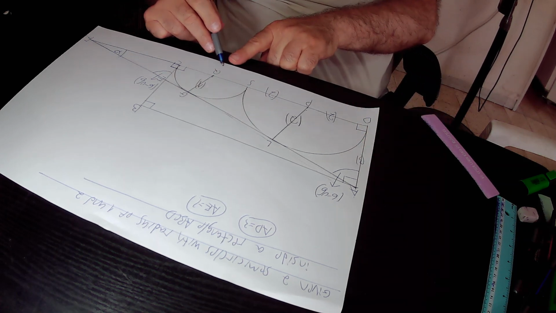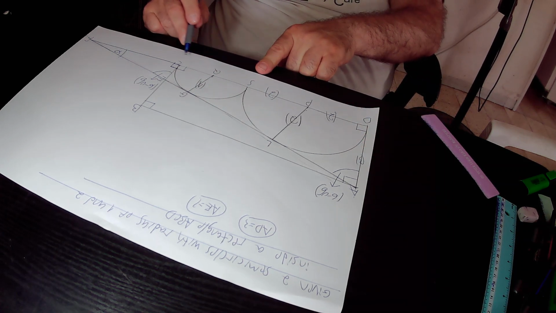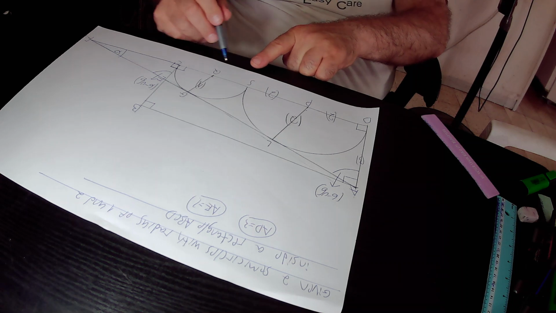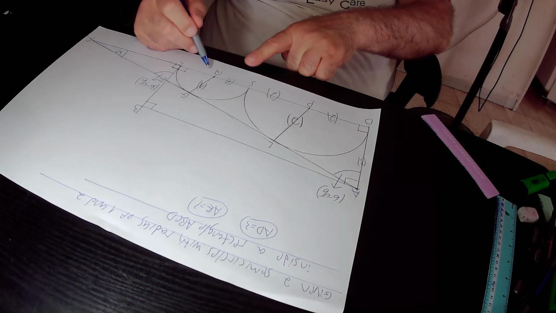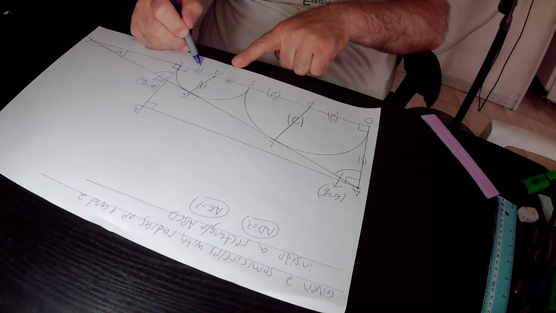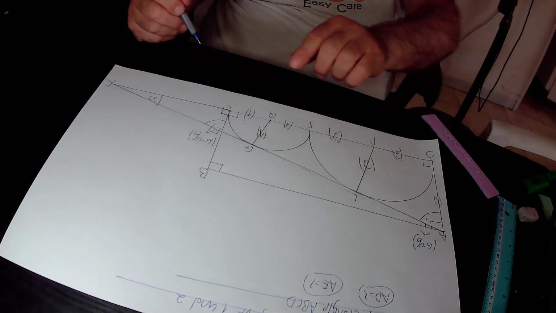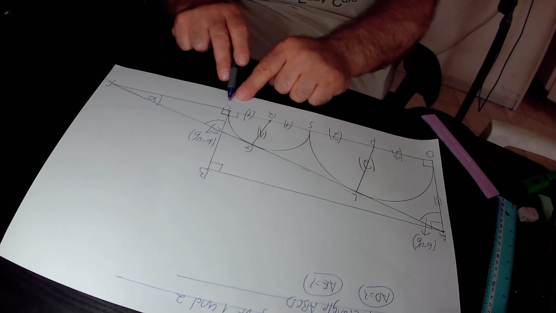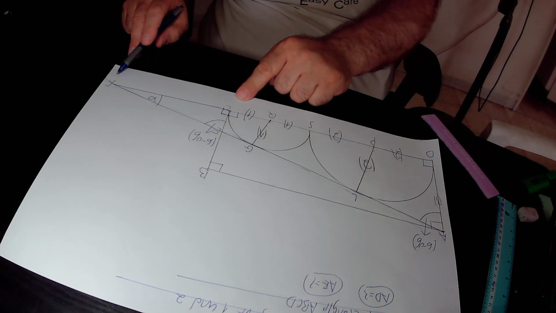Likewise, QS equals QC, both radii of this small semicircle, which equals 1. So QS equals 1 and QC also equals 1. Here we have line segment CF. We will define the length of this line segment CF as x.